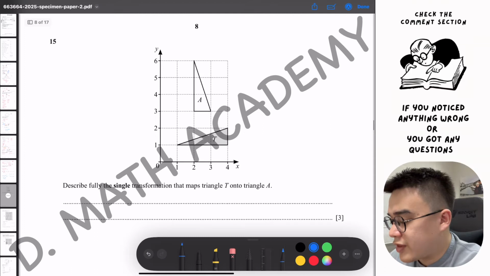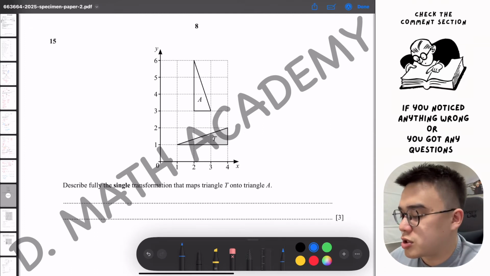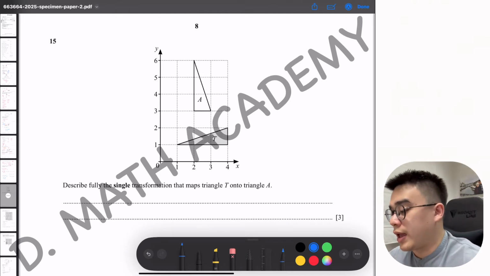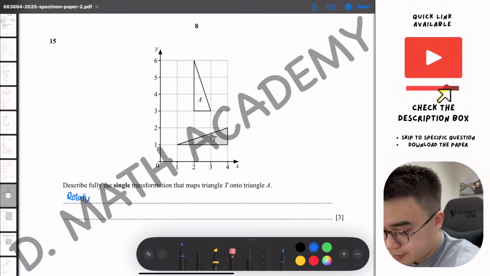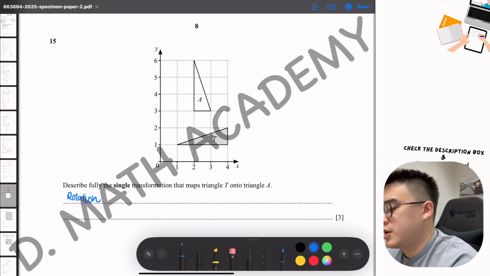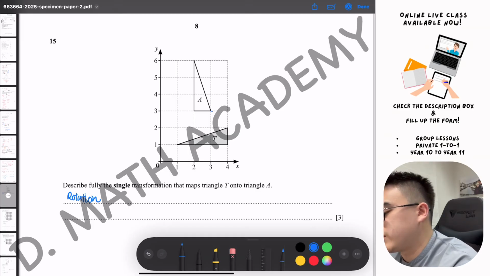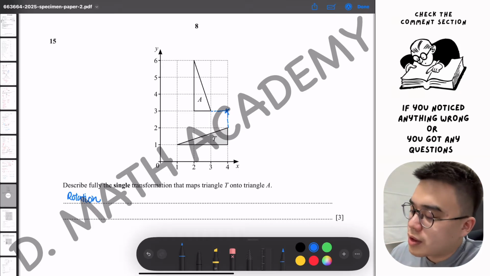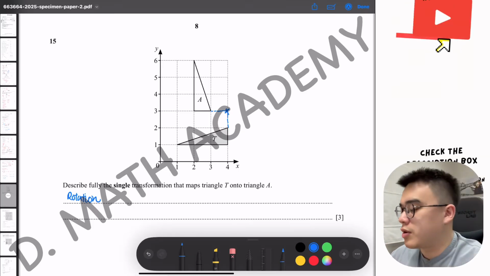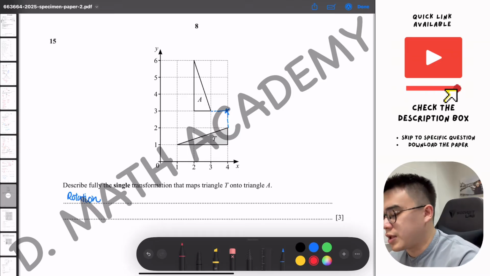Moving on to question 15, a single transformation that transferred T onto A. So immediately I know this is a rotation. I saw the center of rotation located here. It's like a pendulum where when I swing it from this particular point, it will form a 90-degree.